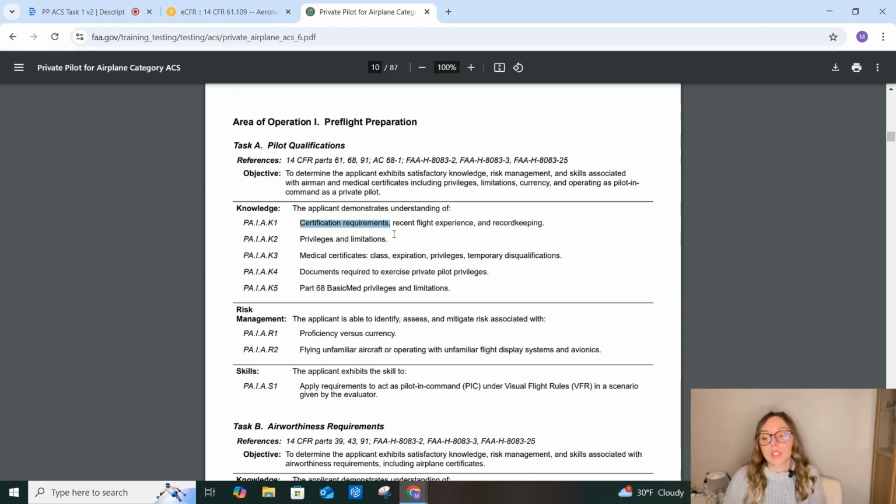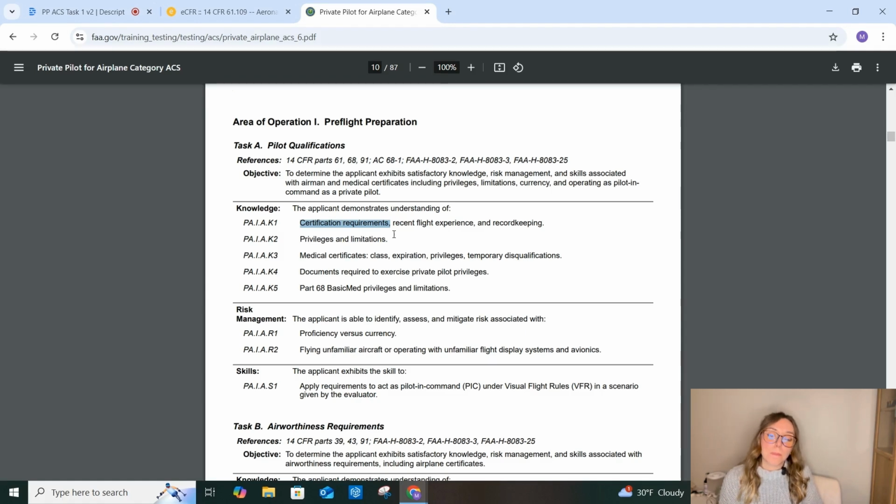Legally, this is the requirement. Should you do this? I don't know. If you feel confident in your abilities, I don't think it's recommended. But every 2 years, in order to stay current, the DPE might ask about the difference between currency and proficiency. I think that most of the time this is what they're alluding to when it comes to the flight review.